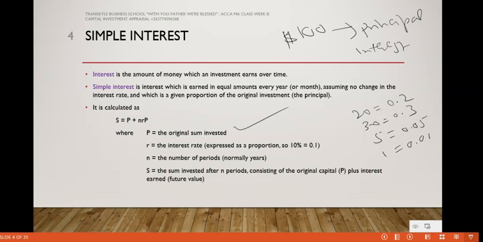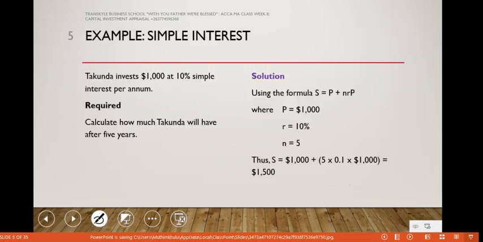Because if we are saying 1%, we are simply saying 1 over 100, which is equal to 0.01. Okay, 20% is equal to 20 over 100, which is equal to 0.2. Okay, please don't be confused with these figures. All right, let's move on.